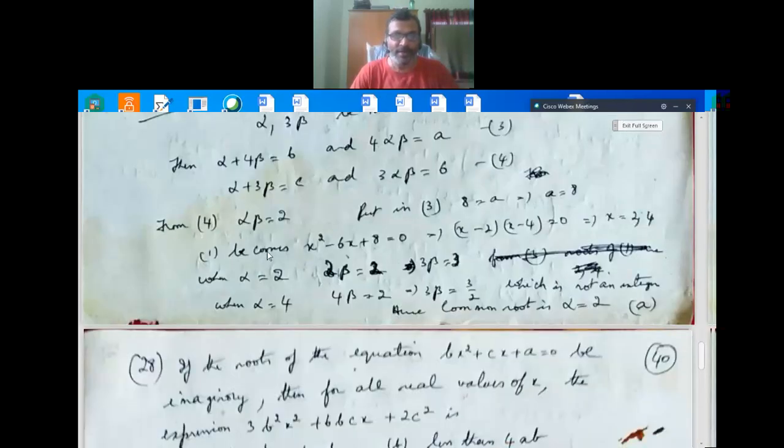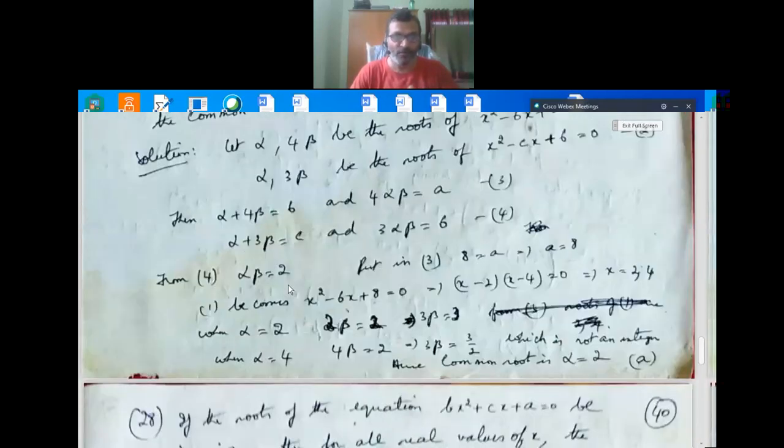If I take alpha as 2, then 2 beta equals 2, which implies beta equals 1. For the other equation, if I take alpha as 2, 4 beta equals 2.